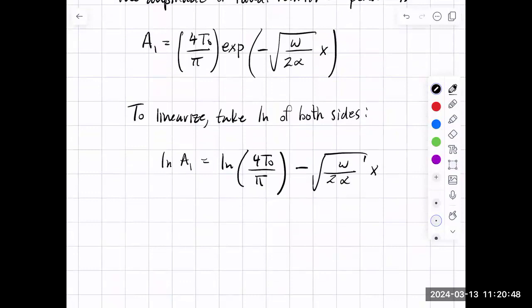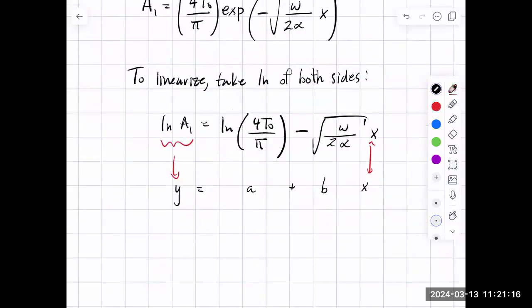So if we say y is equal to a plus bx, then we can identify as y the ln of this amplitude, and x is just x, the position of the thermometer. So we have a bunch of thermometers. We do this measurement for a bunch of different values of x, and we get a bunch of different values for this amplitude.